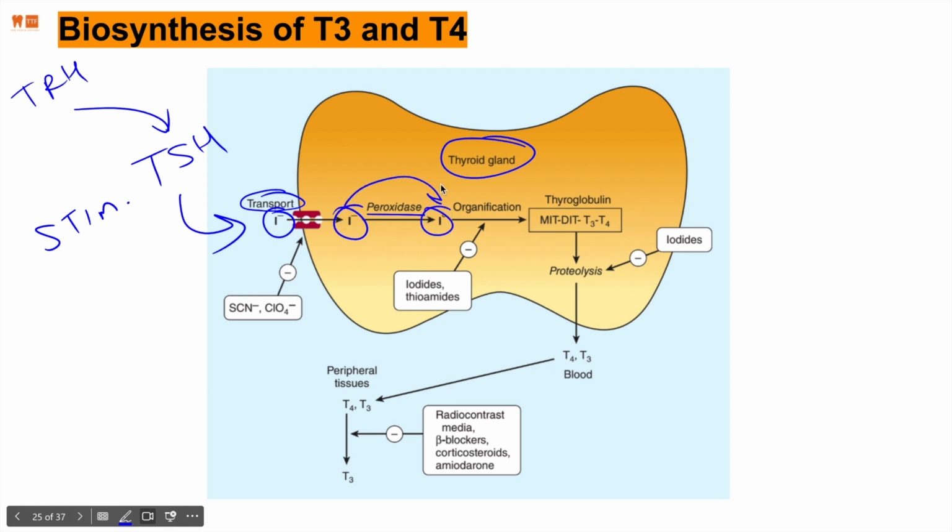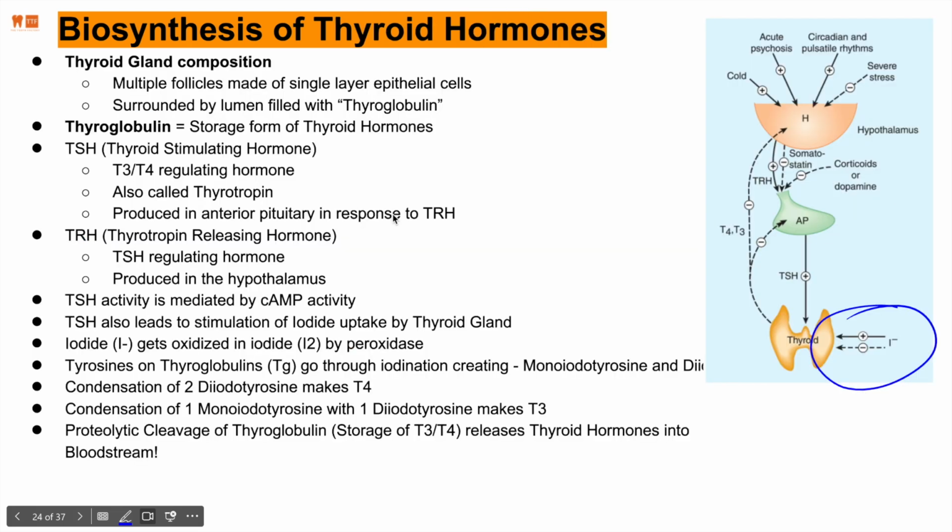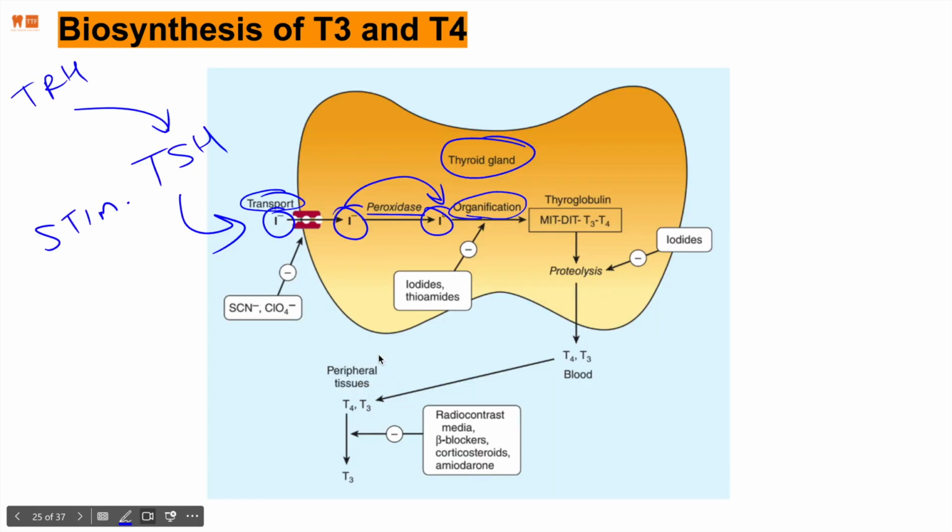Iodide will oxidize into I2, which is iodine. And then organification, which is basically just another word for saying that it iodinizes itself. On the thyroglobulin, it converts into MIT-DIT, which then moves into T3, T4, proteolyzes itself, and T3, T4 comes into the blood. Peripheral tissues get affected by T4, T3. Remember, T3 is an active molecule. T4 needs to turn into T3 in order to act. Okay.